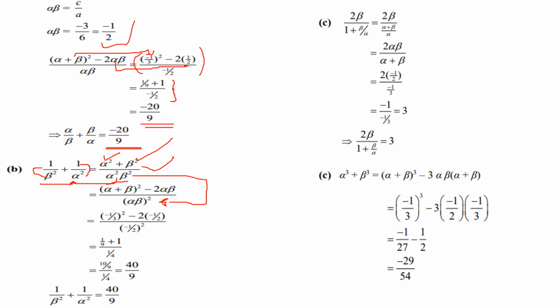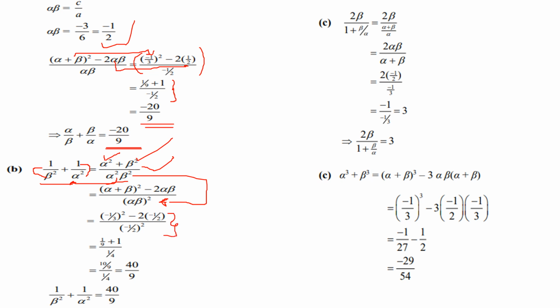Now you substitute for the values of alpha plus beta or alpha beta. Like I told you, in quadratics, our main aim is to express everything in terms of either alpha plus beta or alpha beta. So substituting for alpha plus beta, you have negative a third squared, and substituting for alpha beta, you have negative a half, which is presented in the equation.